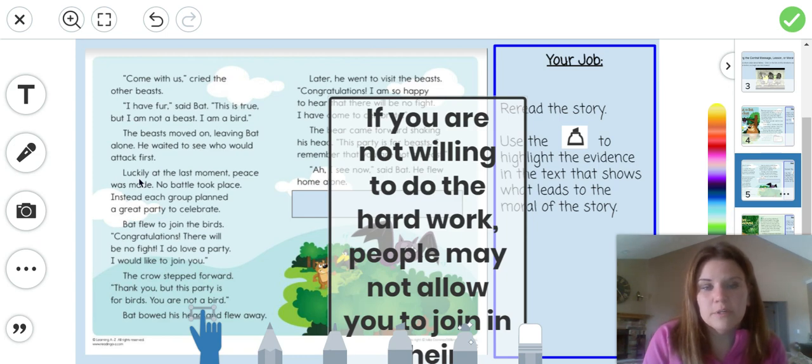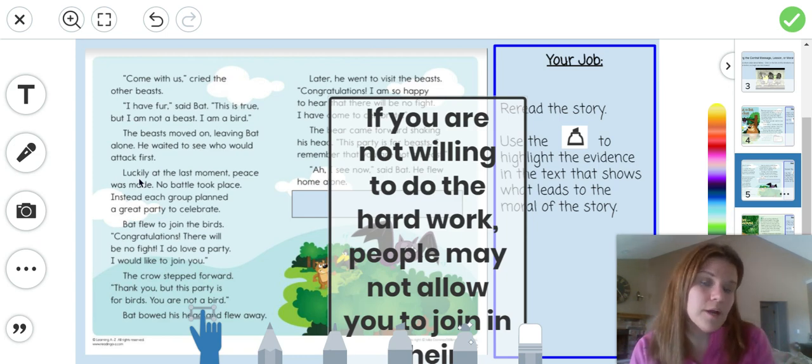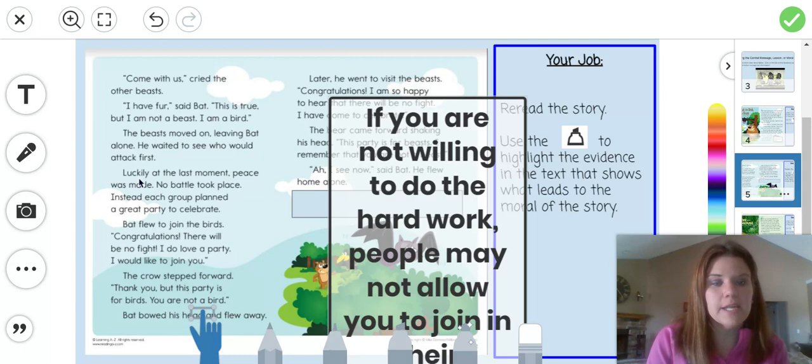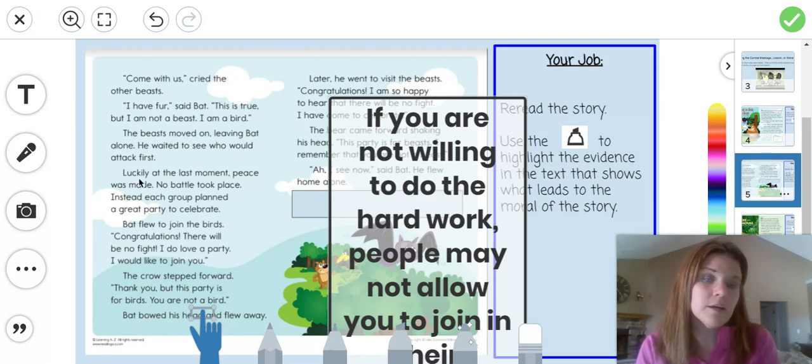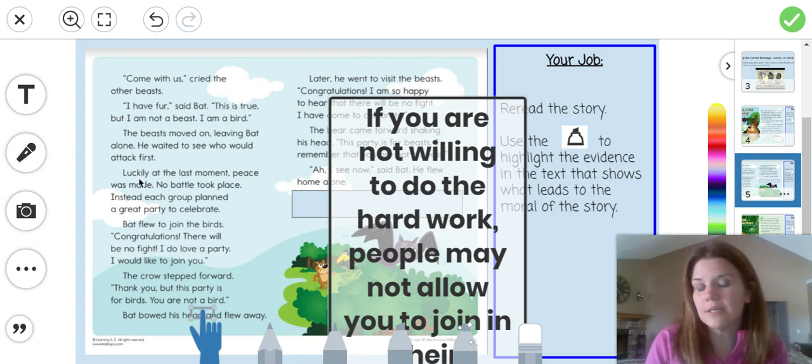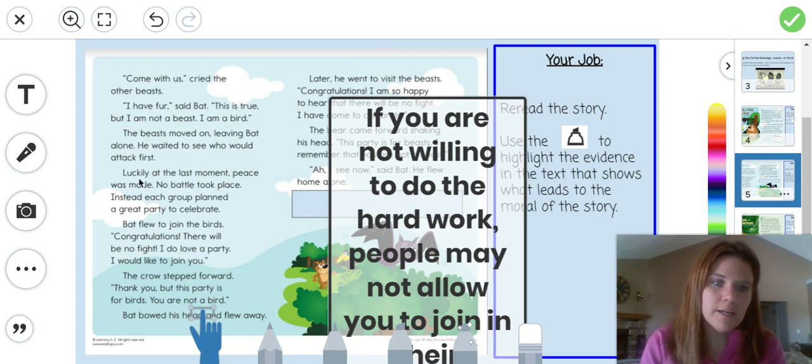If you aren't willing to help do the hard work, then you're probably not going to be able to take part in the reward. Just like if you're a swimmer, if you don't go to the practices and do your time in the pool, then you probably won't do very well at the swim meet, right? Or if you have a really big math test, but you're not willing to do the hard work, then you're not going to do well at the end, right?